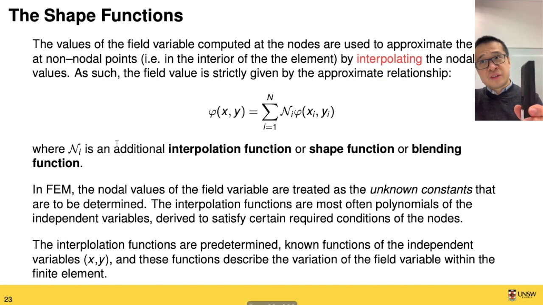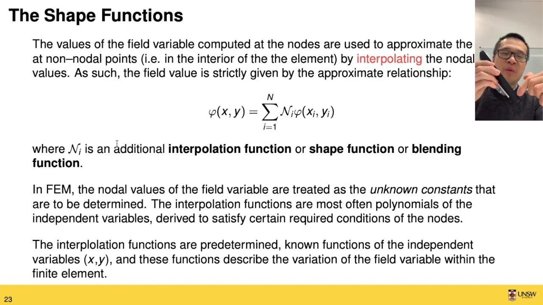So the idea of the shape function is that we somehow need a way to interpolate the movement of all the other points in between two nodes or multiple nodes on the shape, even though we are not calculating the value explicitly at those points, right? So this shape function is basically something that interpolates between the field variables calculated at different nodes.